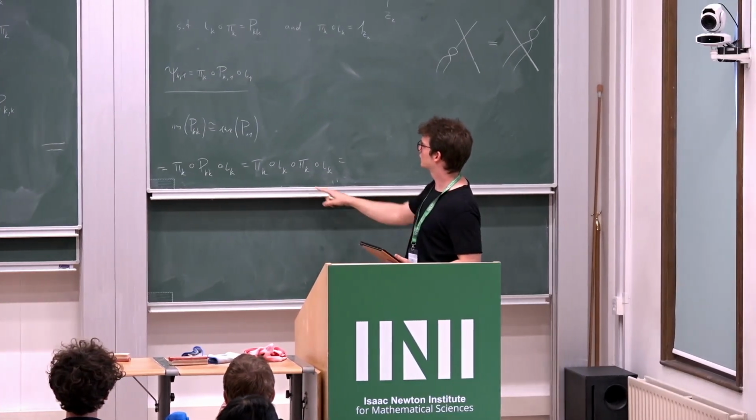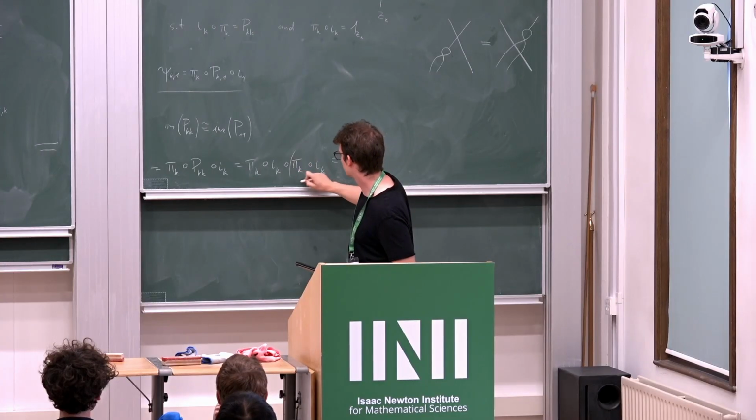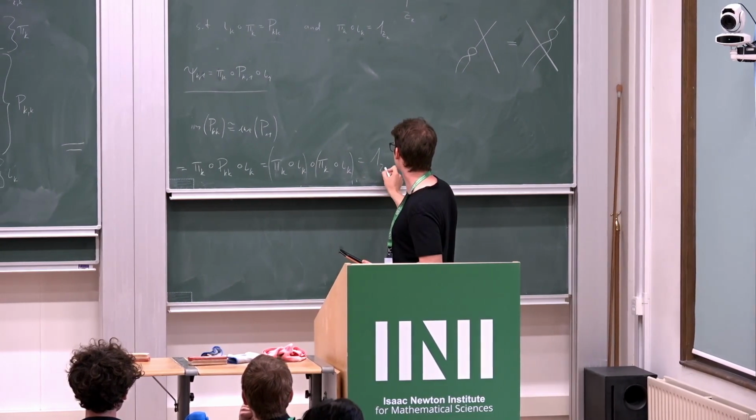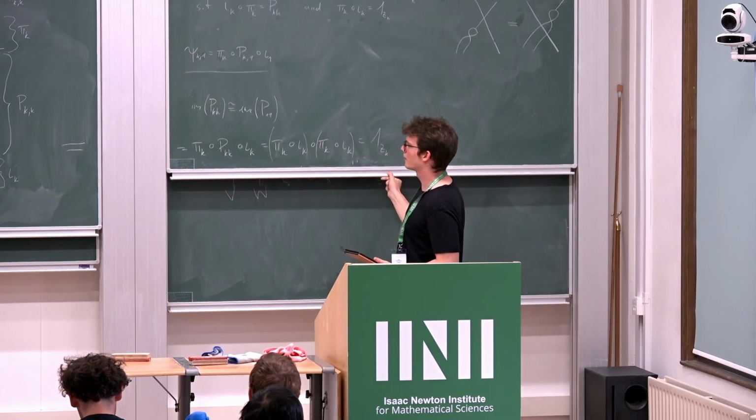And this is just twice this. So if we just bracket, we get the identity on zk twice, which is just the identity. And now we're done.